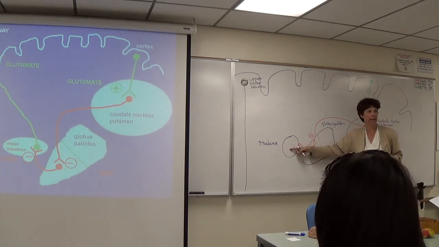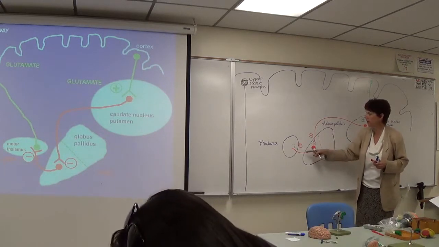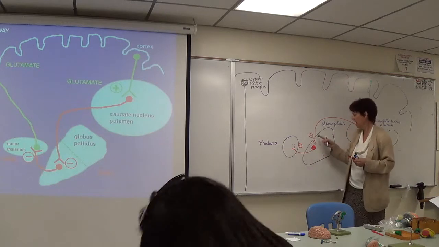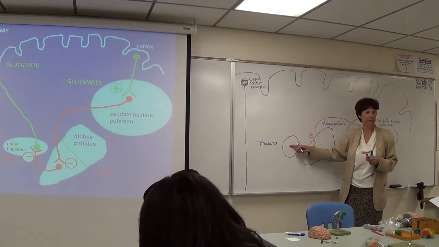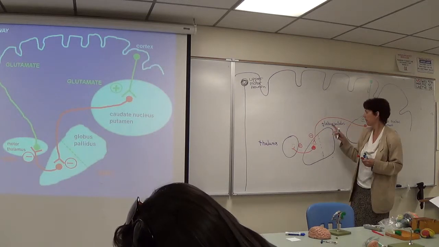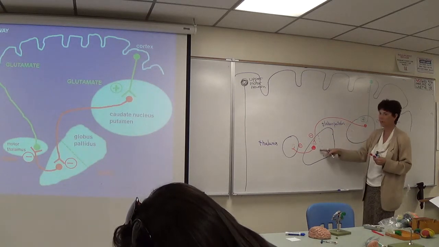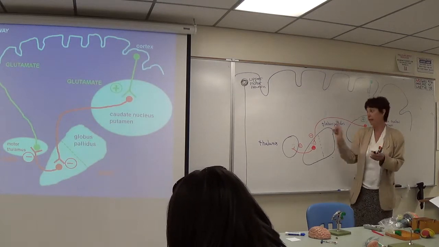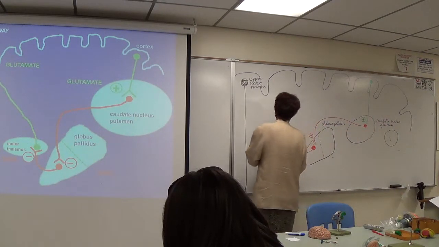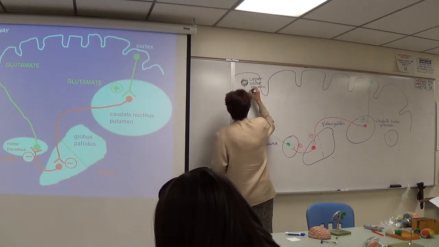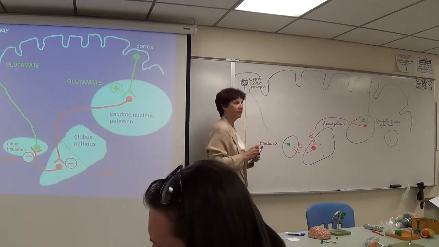So what I mean by a double negative is if this one is negative and it keeps this one from firing, if the normal role of this one is to keep the next one from firing, then if this one is active, it's going to stop that next neuron from firing. But because I inactivated it with this one, the effect of that double negative is this neuron that's going to activate my upper motor neuron will be active.